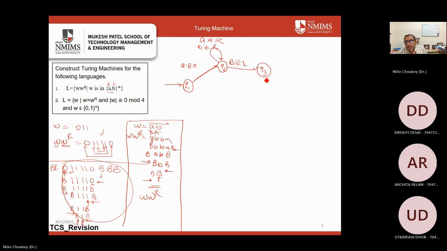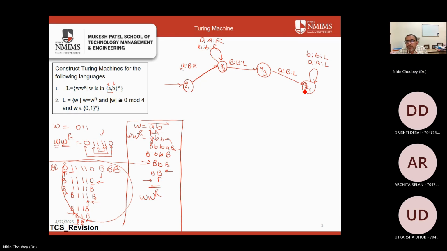Q3. Now here, the first symbol should be the same symbol which we replaced with blank. In that case only, that symbol should be replaced with blank and move to left. And movement to left till the first blank can be achieved with the help of simply A skipped to left, B replaced with B and move to left.